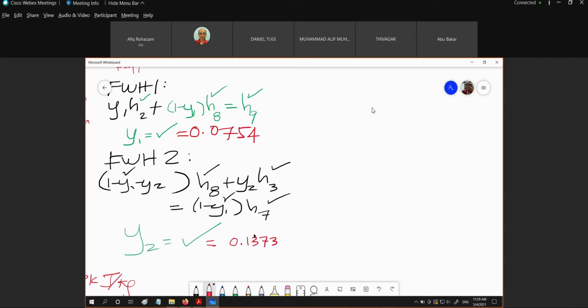Okay, assuming this value, can anyone confirm this value of Y2, 0.1373? And also the Y1, anyone? Can we confirm back these values, Y1 and Y2?